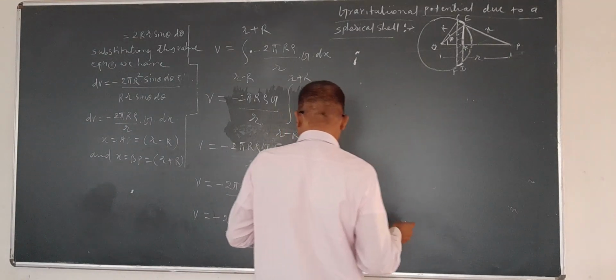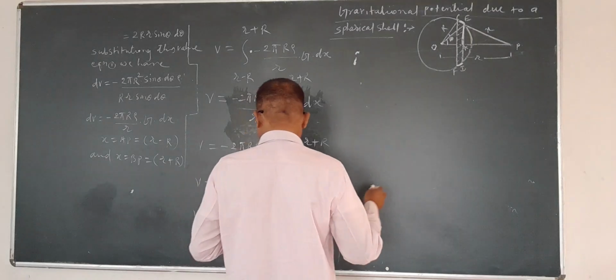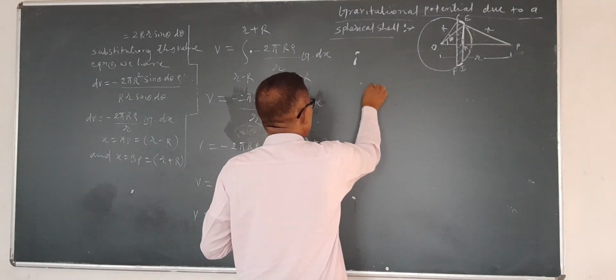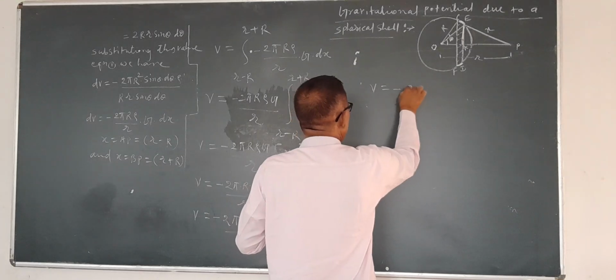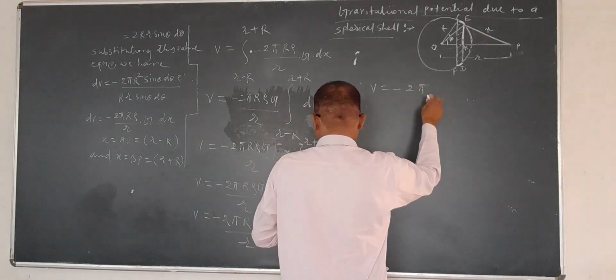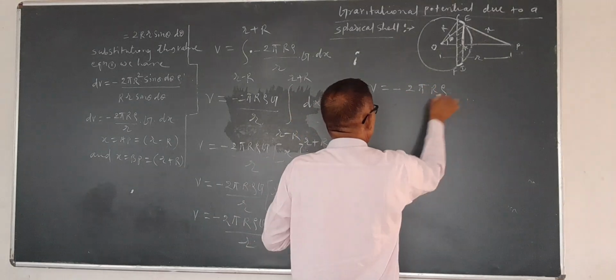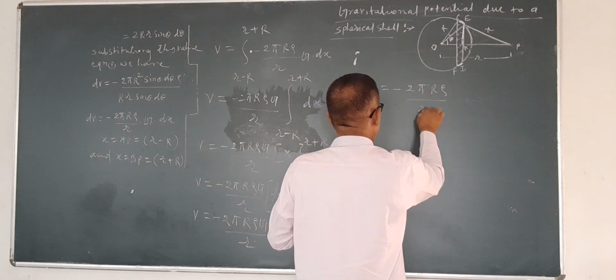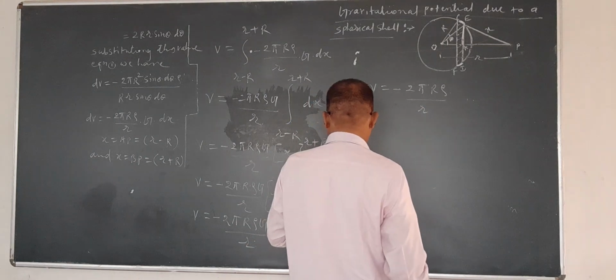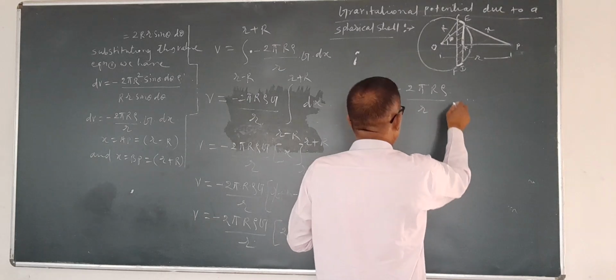After simplifying, we get V equals minus 2π times 2R ρ G upon r.